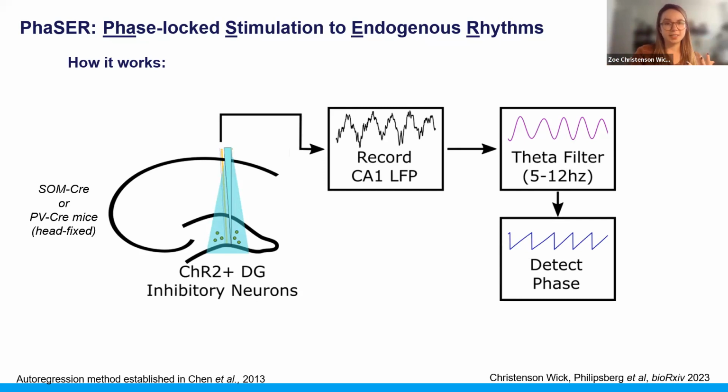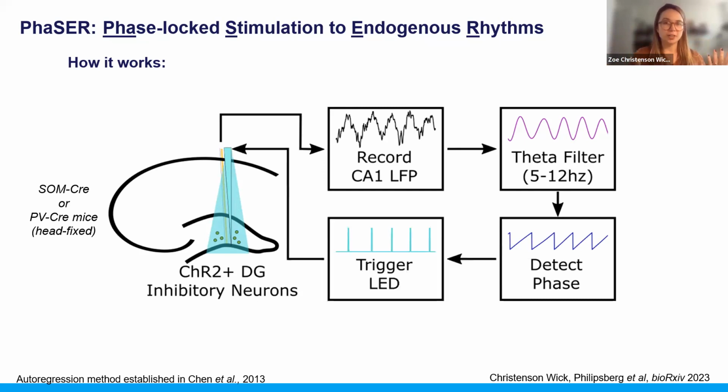We can then use that phase detection to trigger a light to be delivered at our target phase, whatever that is. And then the light delivery will activate an opsin. In this case, it's channelrhodopsin, the excitatory opsin, typically activated by blue light in somatostatin or parvalbumin expressing inhibitory neurons in the dorsal hippocampus.